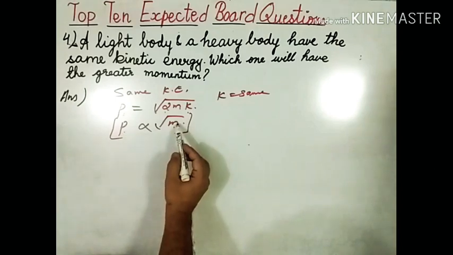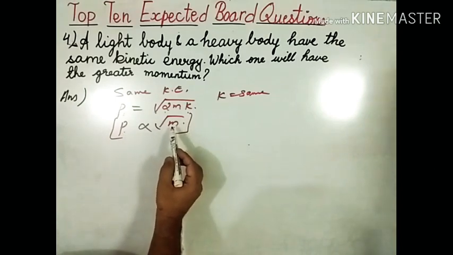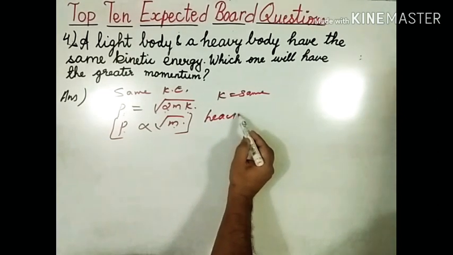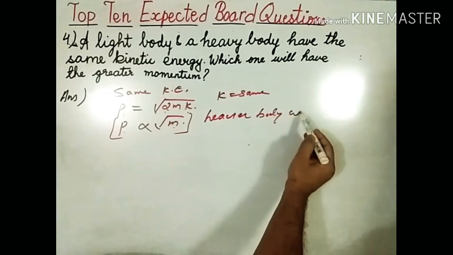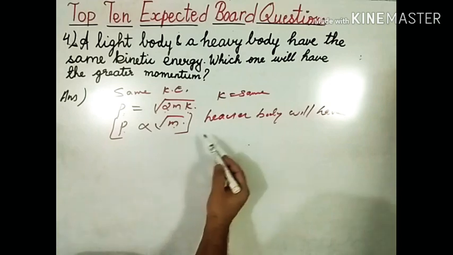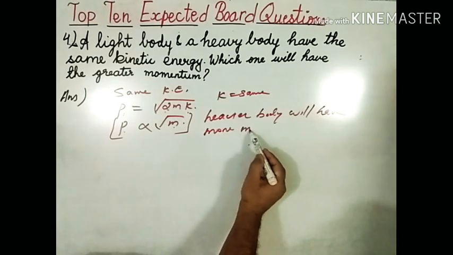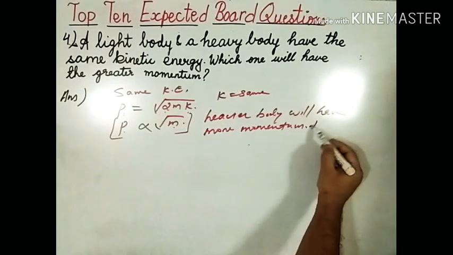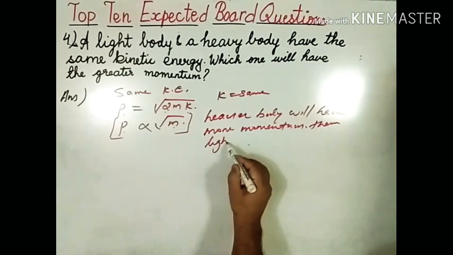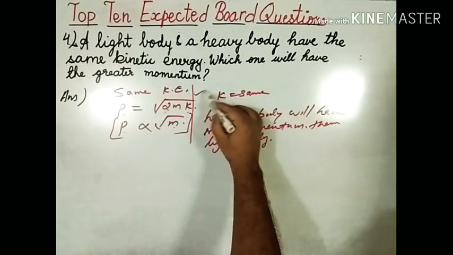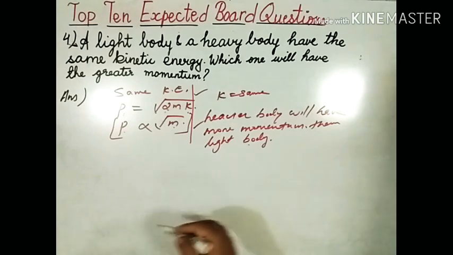So the heavier body will have more momentum than the light body. You have to write the formula and logically explain it. Then you will get the full mark.